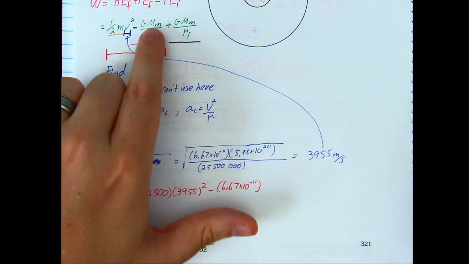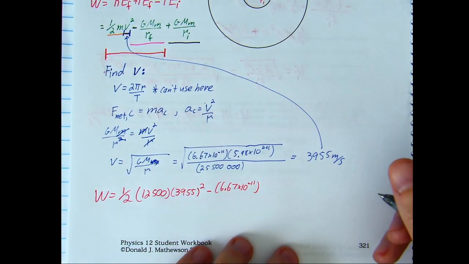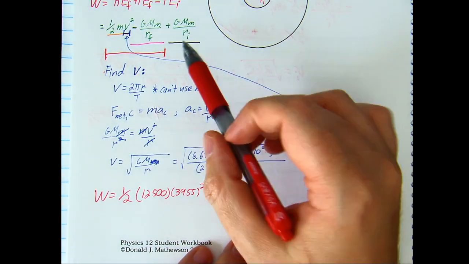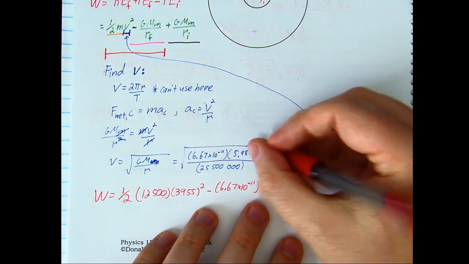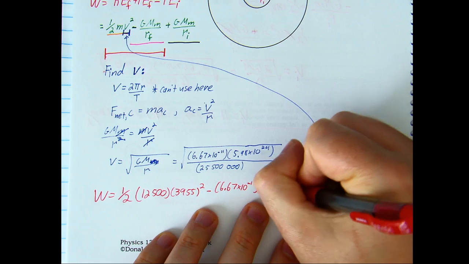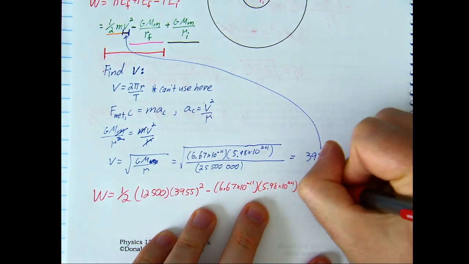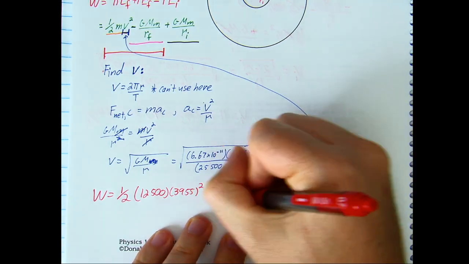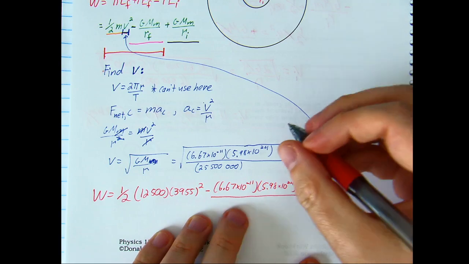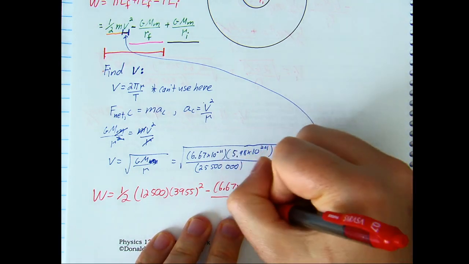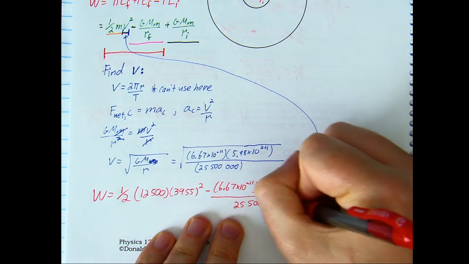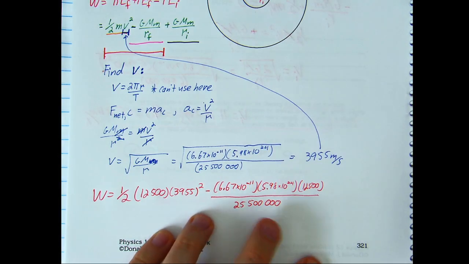And we've got the mass of the planet and the mass of the rocket. So we're going to have 5.98 times 10 to the 24 times 12,500 divided by our final radius, which is 25,500,000 meters.